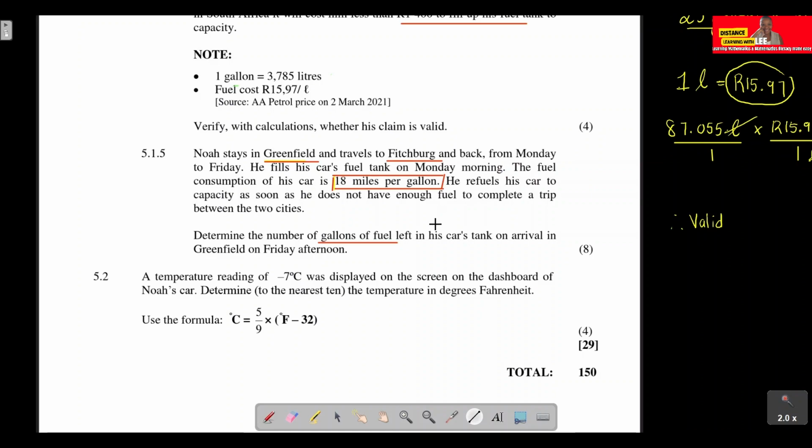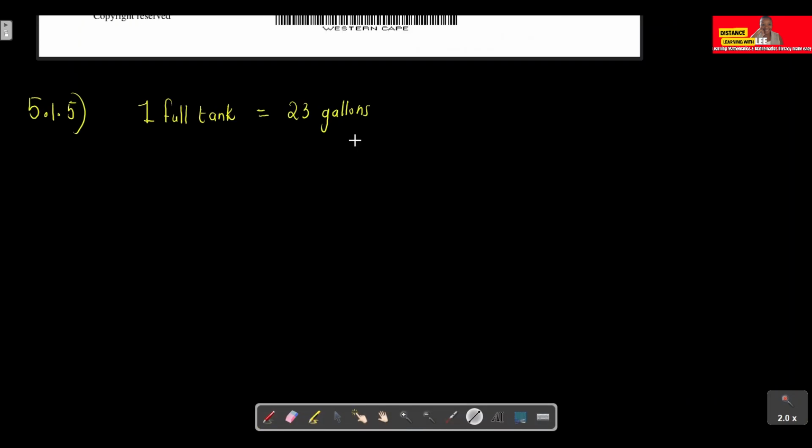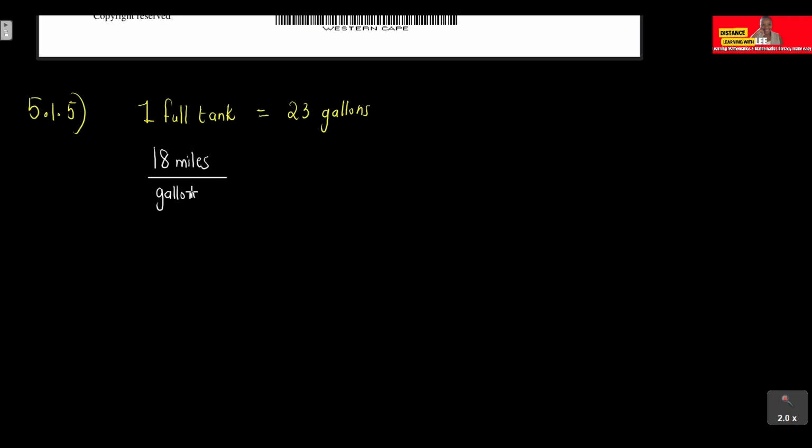So we're going to use this equation to convert these gallons into how many miles a full tank will give you. We're given that it's 18 miles per gallon. What does this mean?